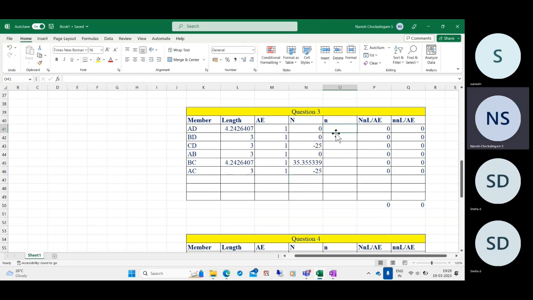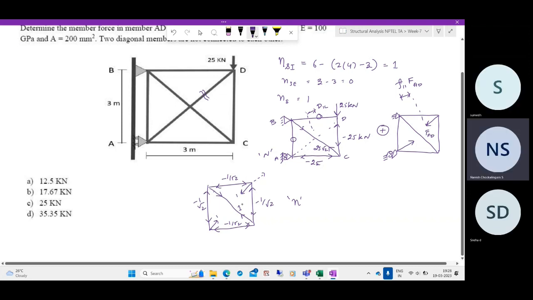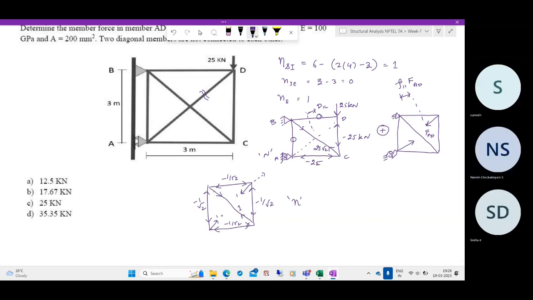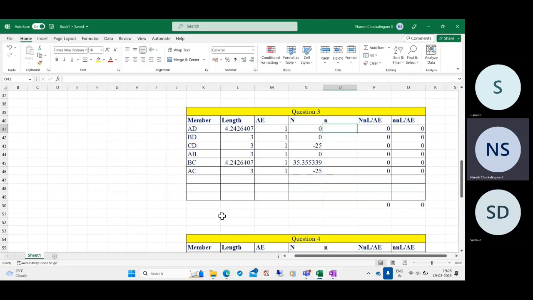We have also got the small n, which is the member force due to the virtual unit load. When you apply a unit load, the member force in AD is 1, tensile. That is what we applied.